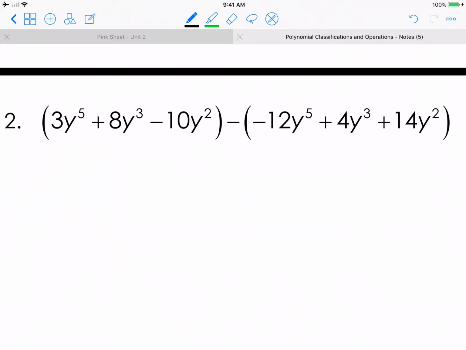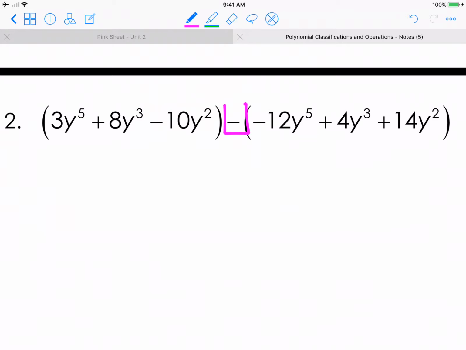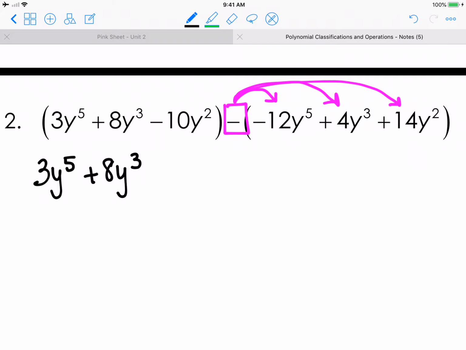All right, so here, don't forget, this is going to be a subtraction problem. So we have to distribute that negative to each term over on our right side. So I'm going to rewrite this because I have a 3y to the 5th plus 8y to the 3rd minus 10y squared.